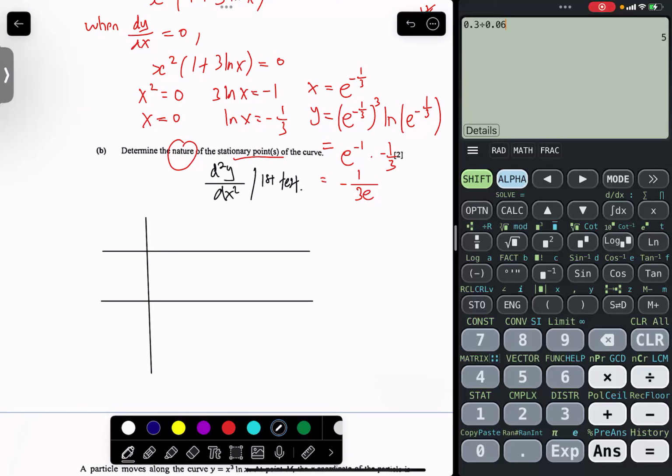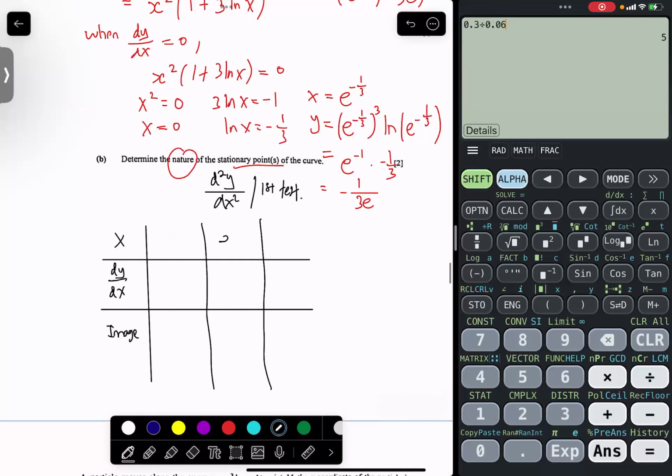You can use both, by the way. Now we know for sure that when x equals e to the negative one third, dy/dx equals 0. So the graph is flat there.